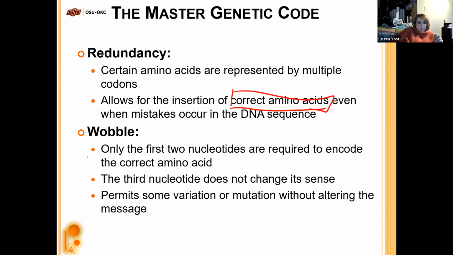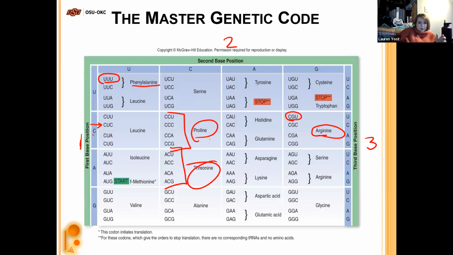Wobble is a term referring to the first 2 nucleotides being important, because really it's the first 2 that determine everything. The third one is kind of a gimme. If we have CA and then CA down here, we can see that we do need the U or the C. It has to be the U or the C. We've got 2 choices here, so it's a little bit different.